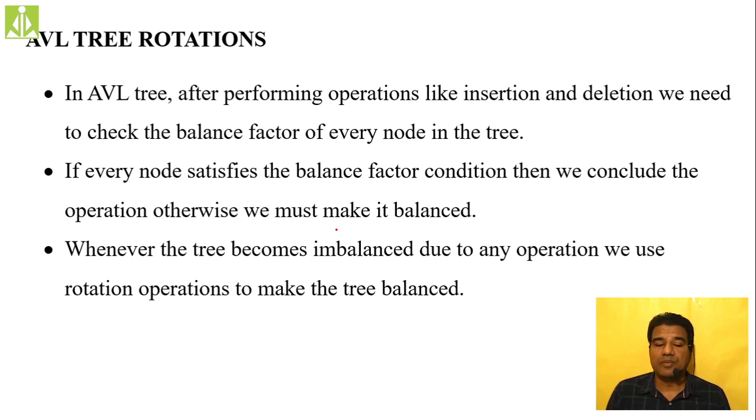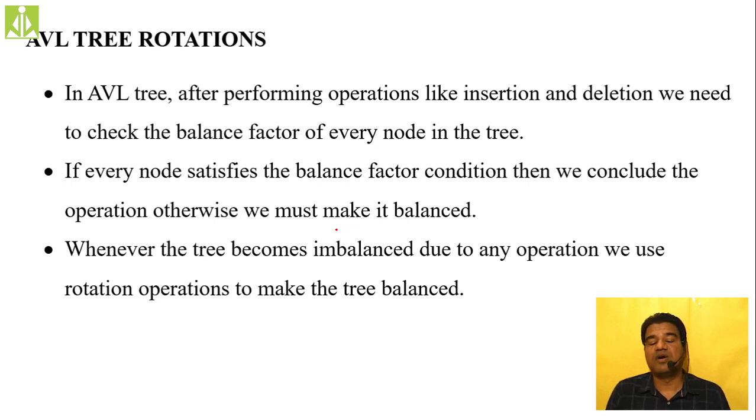So when do we do rotations? Whenever the tree becomes imbalanced after performing insertion or deletion. What do we mean by imbalanced? You are getting a balance factor other than -1, 0, 1 due to the operation you performed.